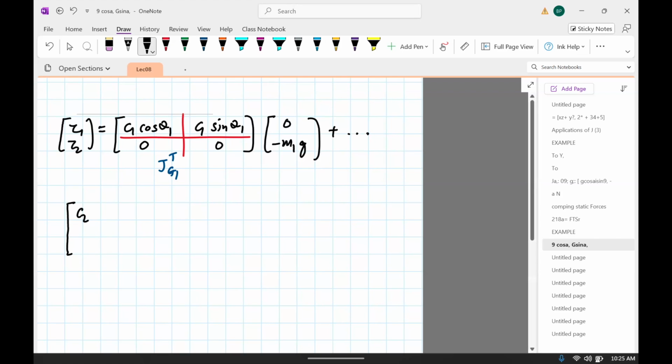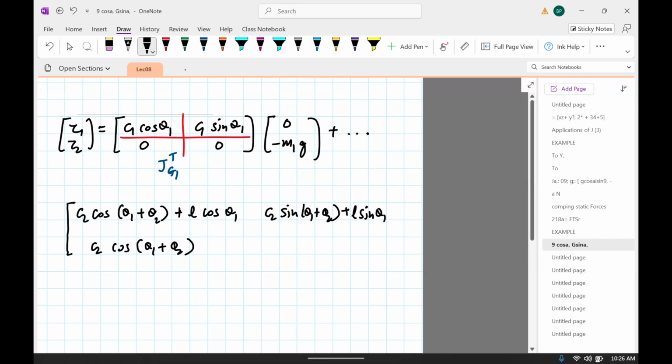So it was something like this: cosine theta 1 plus theta 2 plus L cosine theta 1, C2 sine theta 1 plus theta 2, sine theta 1, C2 cosine theta 1 plus theta 2, C2 sine theta 1 plus theta 2, and then 0 minus M2G.